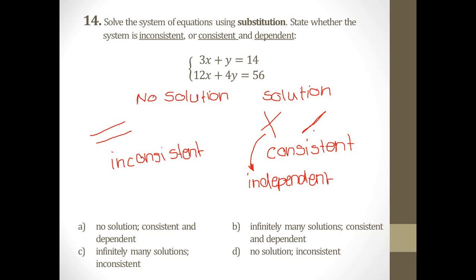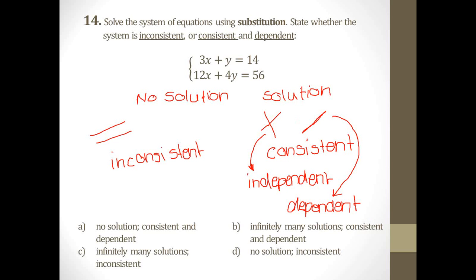And if the 2 lines are on top of each other, and this might make sense, they depend on each other. Every single point on one line depends on the other line because they are on top of each other. So this one is a dependent system. I hope this clarifies a little bit.